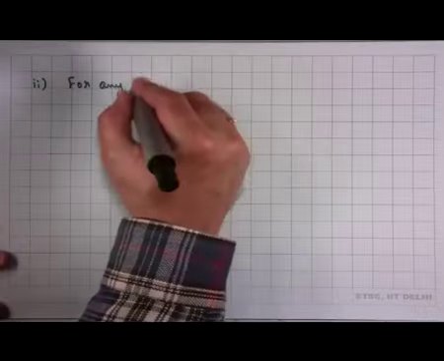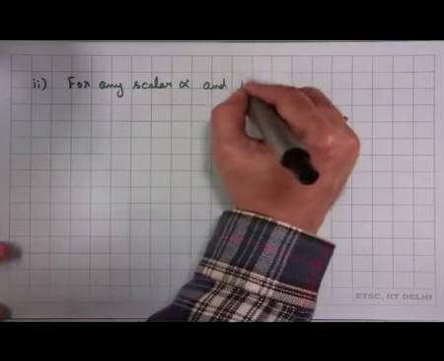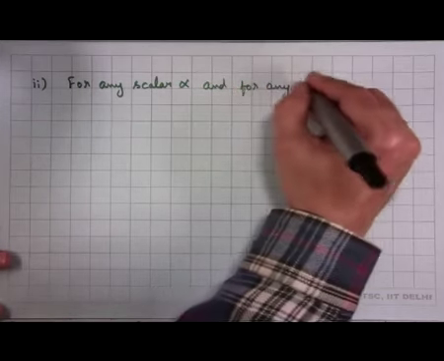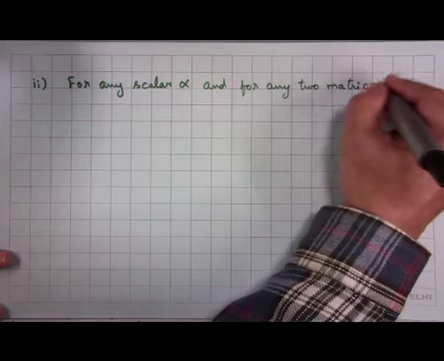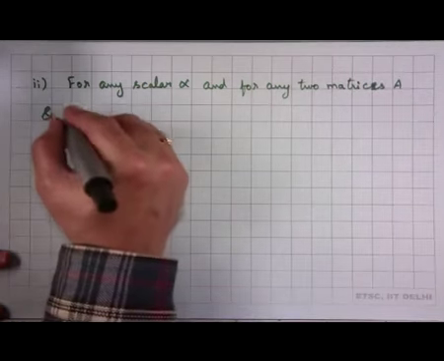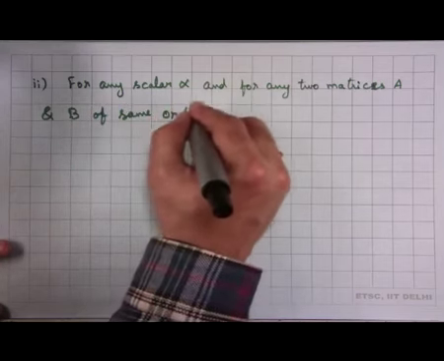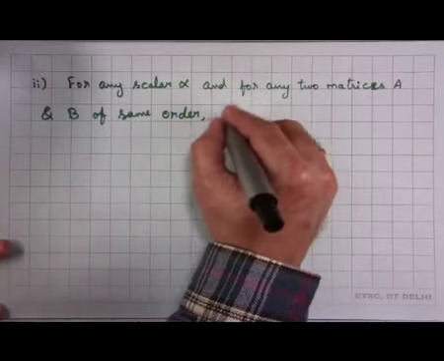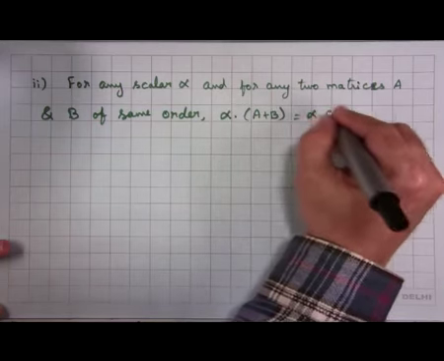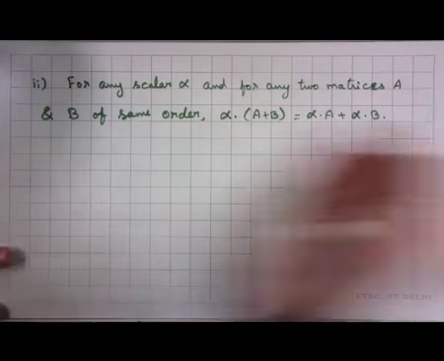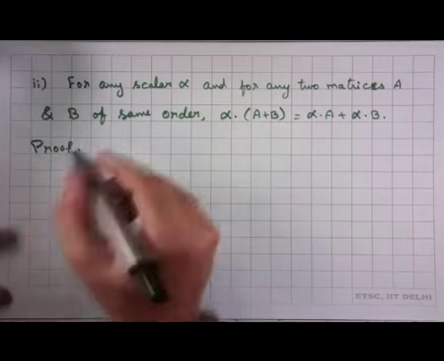Second one: for any scalar alpha and for any two matrices A and B of the same order, alpha dot (A plus B) is the same as alpha dot A plus alpha dot B. So you are given that A and B are of the same order.